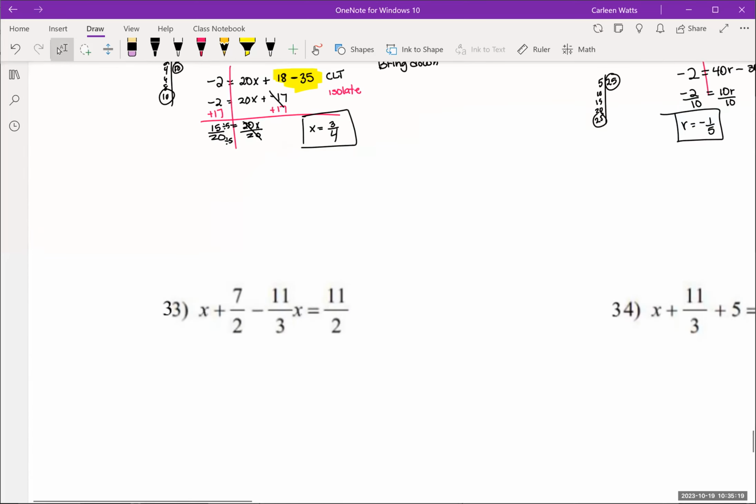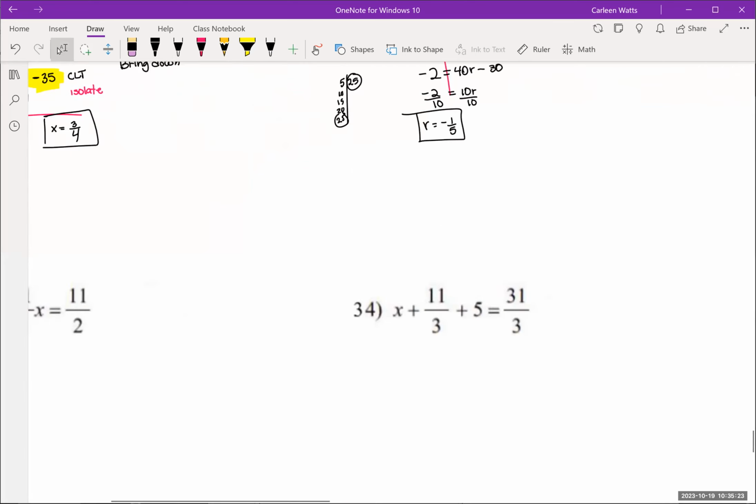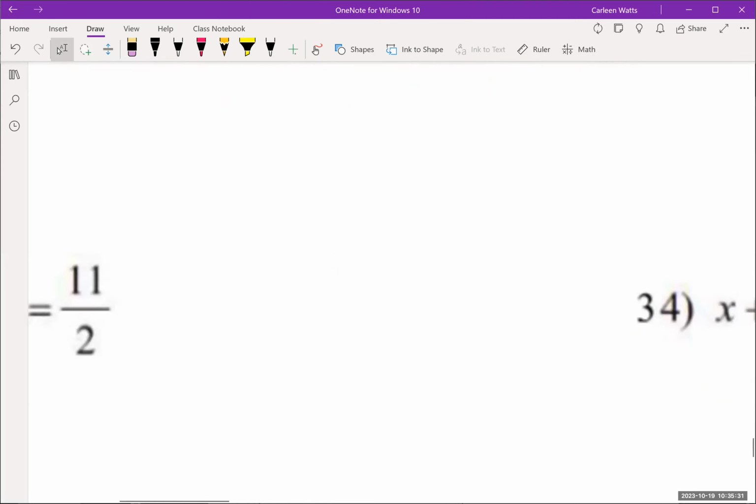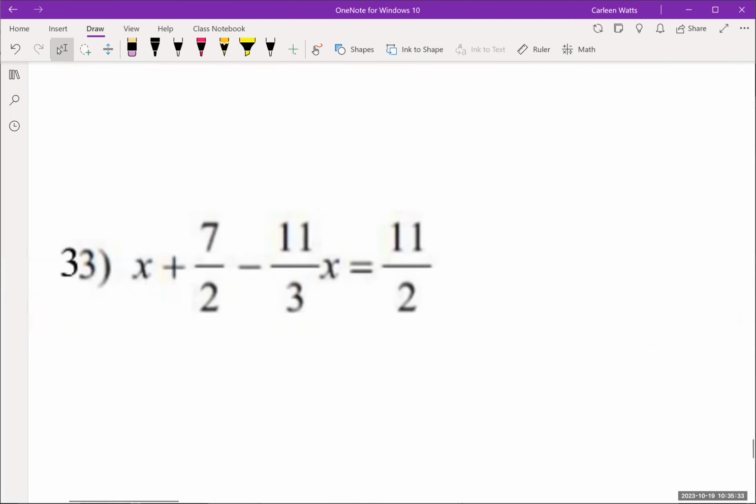Okay, I know you feel like your brain is full. -1/5. Yes, sorry. Let's do another one. Step 1, I need the least common denominator.